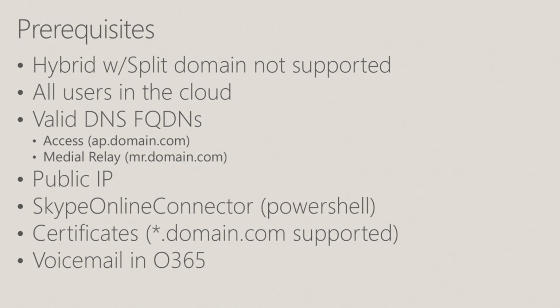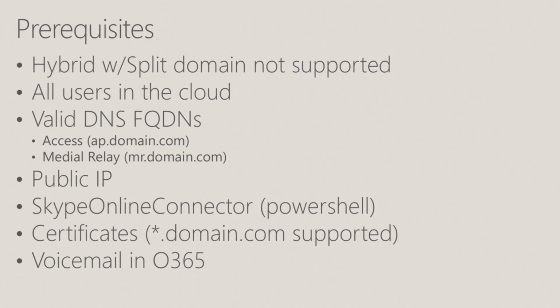And for now, you need to have voicemail, if you want to enable that, for your users in Office 365. Now, someone whispered in my ear the other day that they're looking at enabling voicemail for users who have Exchange 2013 or Exchange 2016 on premises. So that might be happening in the near future.